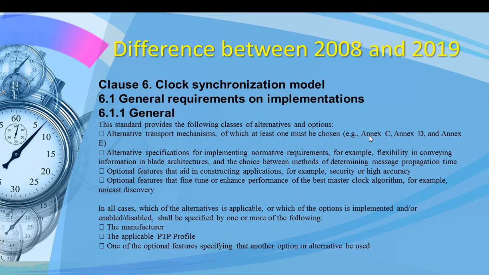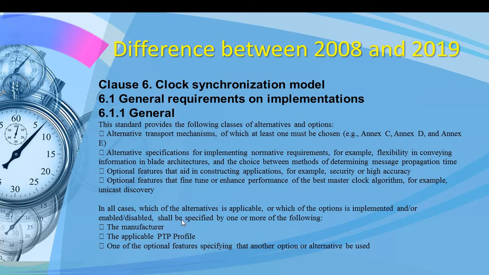For the detail, we can check Annex A, Annex D, even Annex E. Alternative specifications for the implementation, normative requirements, for example flexibilities in conveying information in the PTP architecture, and choice between methods of determining message propagation time.